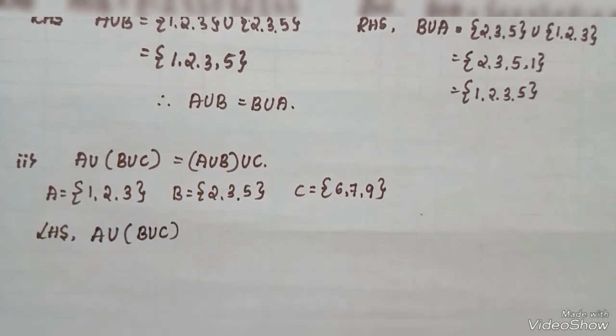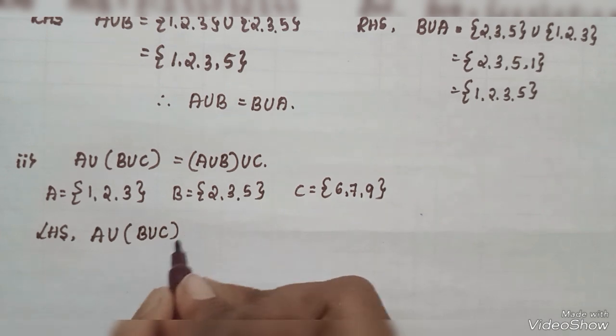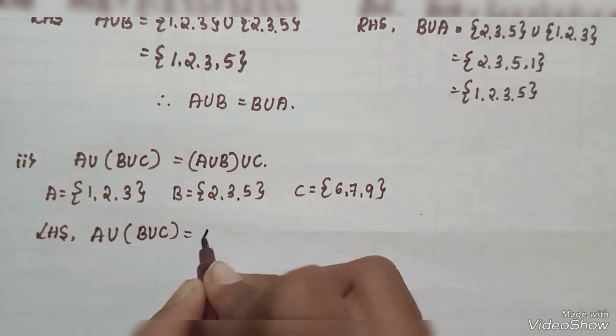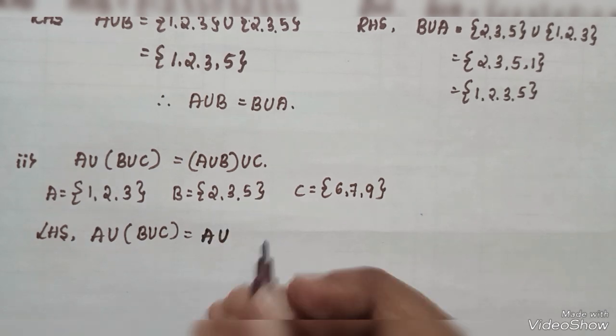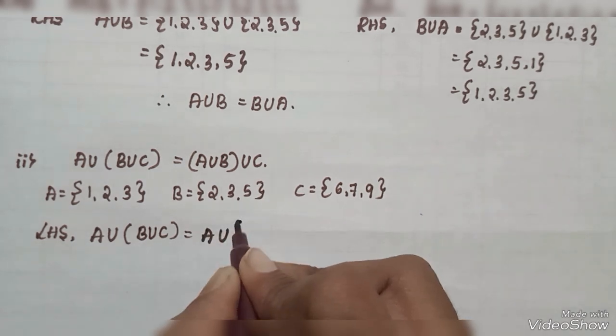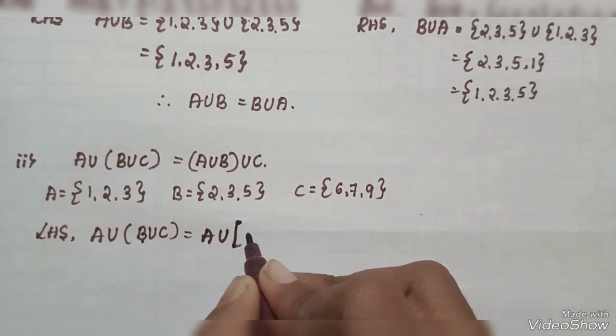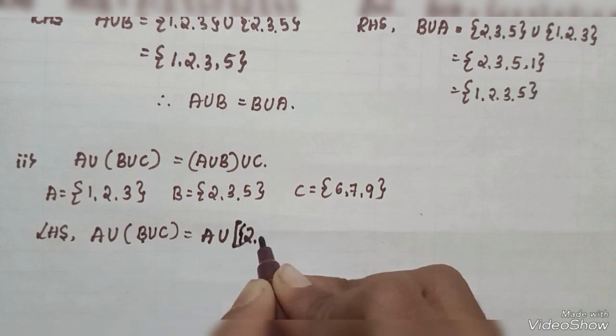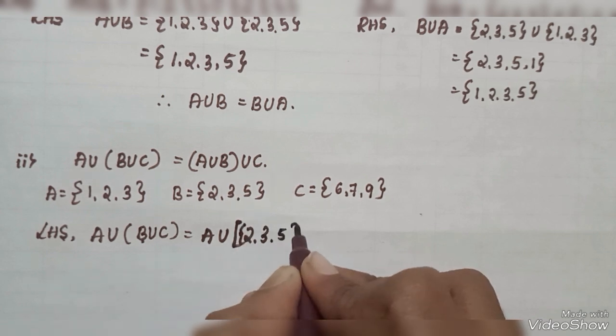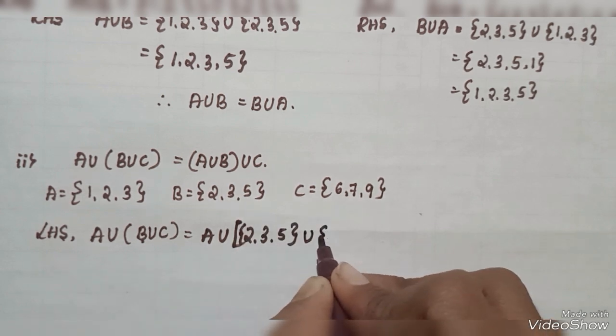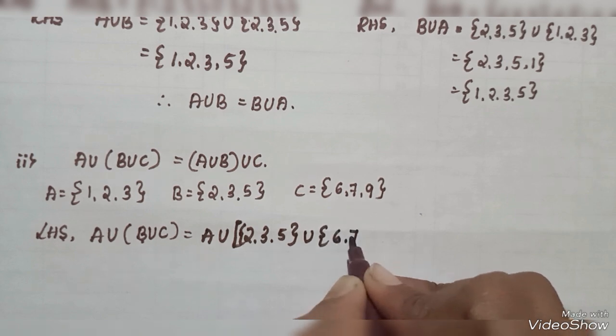Usually in mathematics, first we have to solve the bracket. That's why I am taking B union C first, B set containing the elements 2, 3, 5, union set C 6, 7, 9.